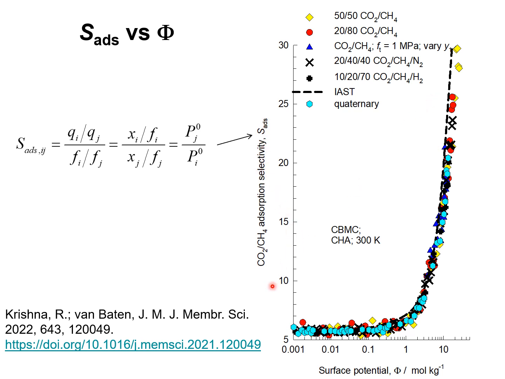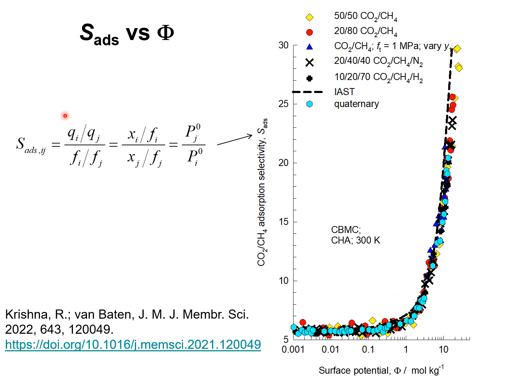The y-axis is the adsorption selectivity of CO2 with respect to CH4 in all these mixtures. And we see that the adsorption selectivity is uniquely related to the surface potential phi as plotted on the x-axis. Precisely, this is the dependence that is predicted by the IAST. The dashed lines represent calculations of the IAST theory using data on the unary isotherms.